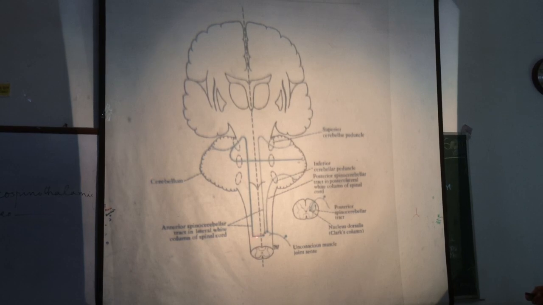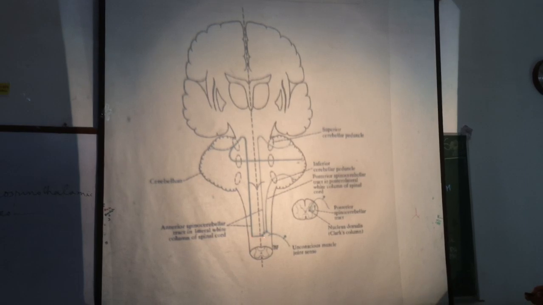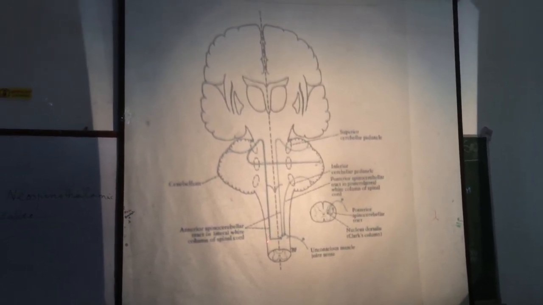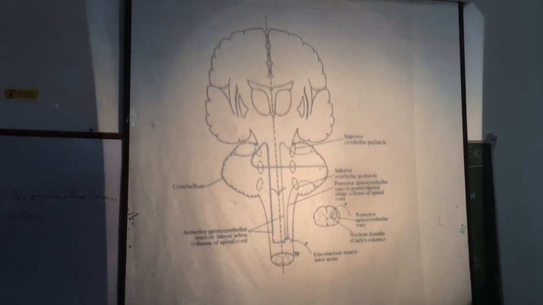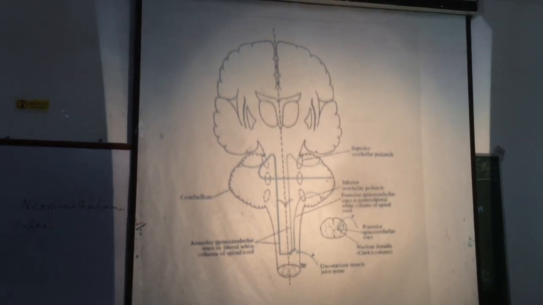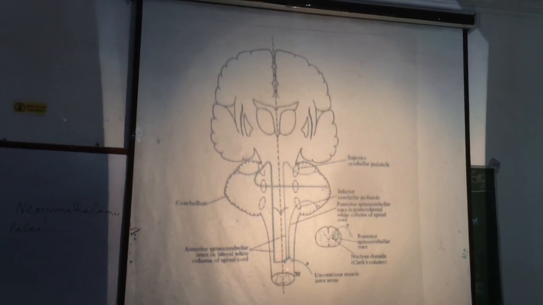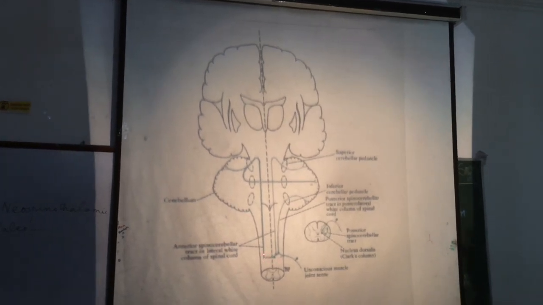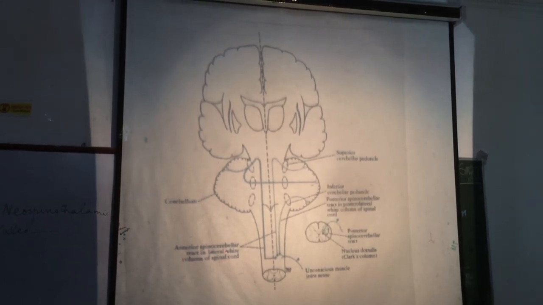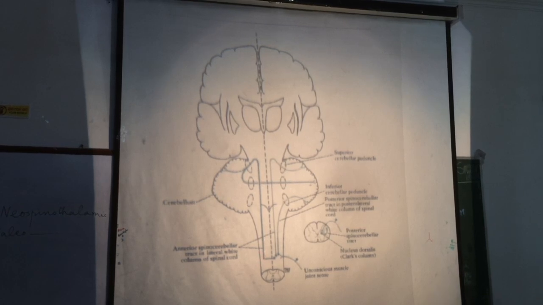These cross over to the opposite side to enter the lateral white column of the spinal cord on the opposite side to form the tract.